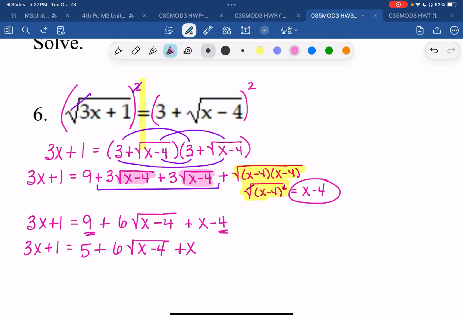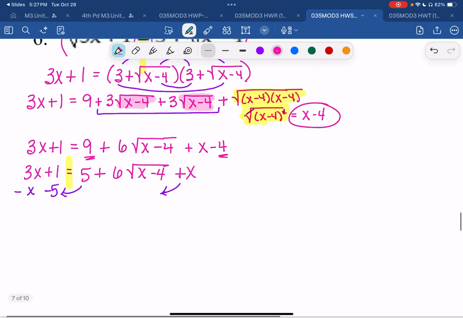So what that means is I want to isolate on one side of my equal sign a square root. So let's move everything away. That means I want to move this 5 over here, and I want to move this x over here. So I'm going to subtract the 5 and I'm going to subtract the x.